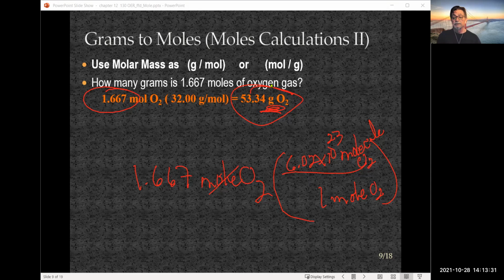And that is 1.00 times 10 to the 24th molecules of oxygen. Check my math there for you.